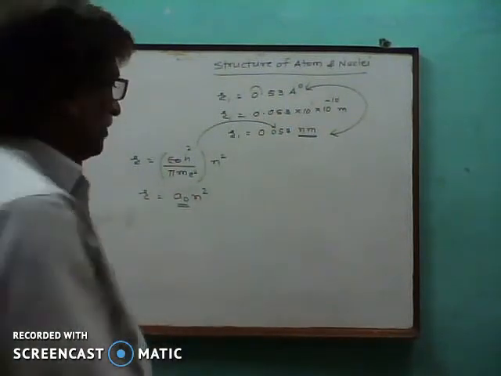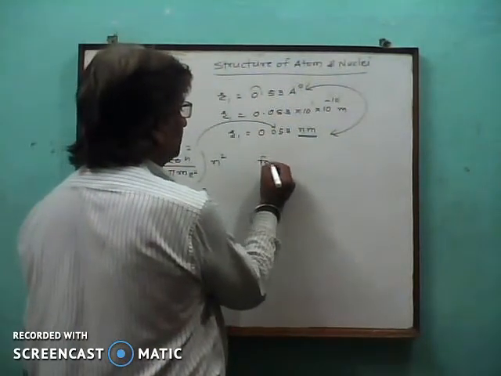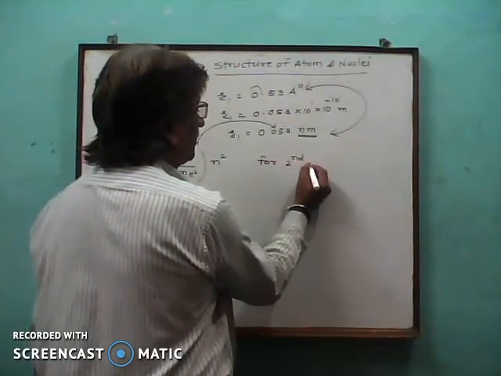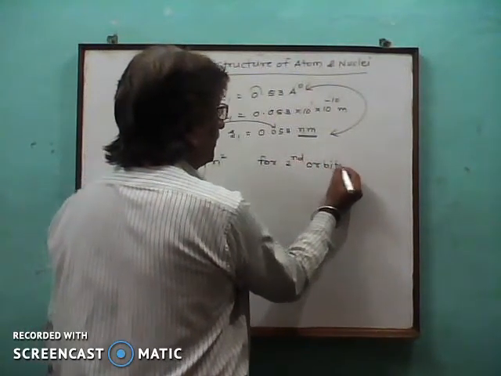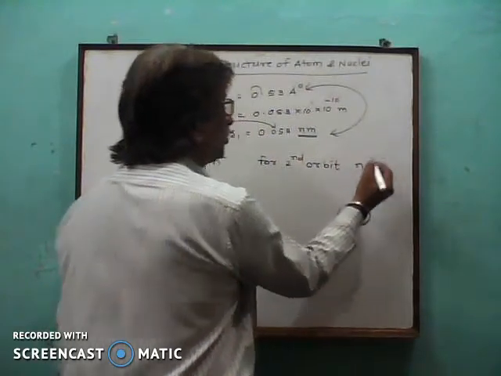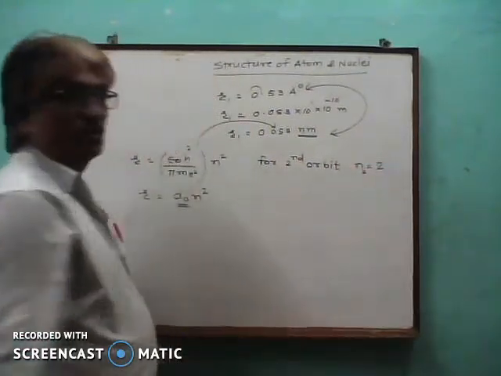See here, for second orbit, n2 is given as 2.